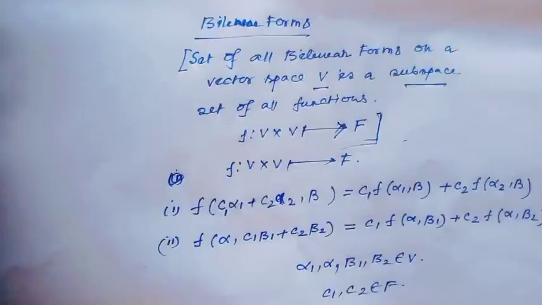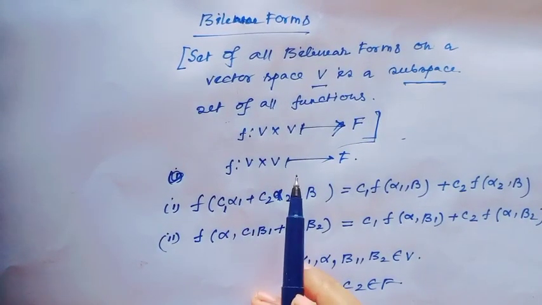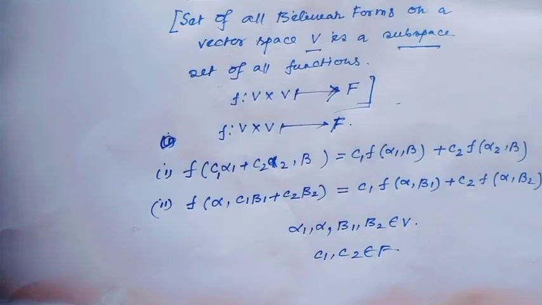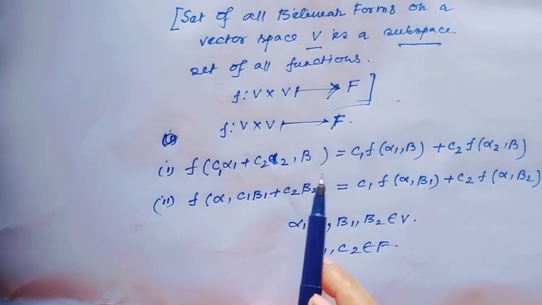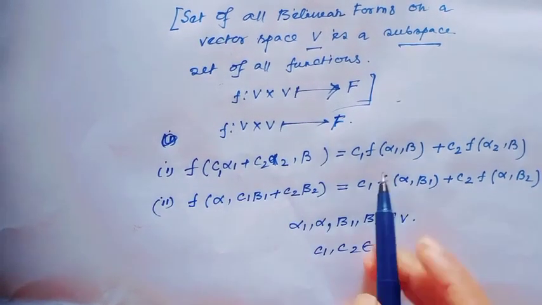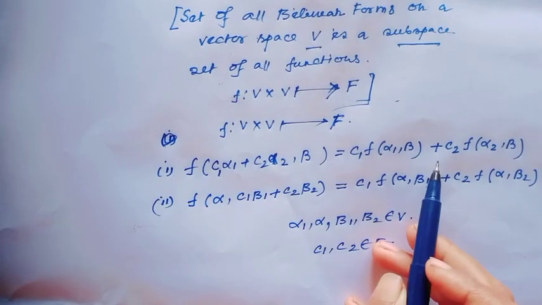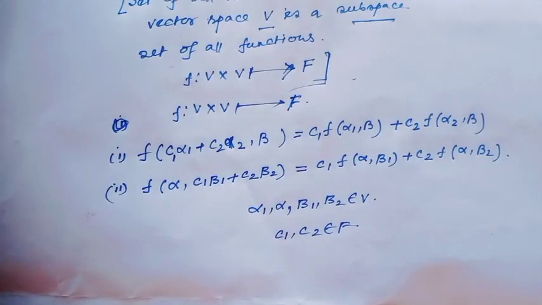The definition of bilinear form is: consider a mapping f from V cross V to the underlying field, and the mapping is such that, first, f of c1 alpha1 plus c2 alpha2 comma beta equals c1 times f of alpha1 comma beta plus c2 times f of alpha2 comma beta.